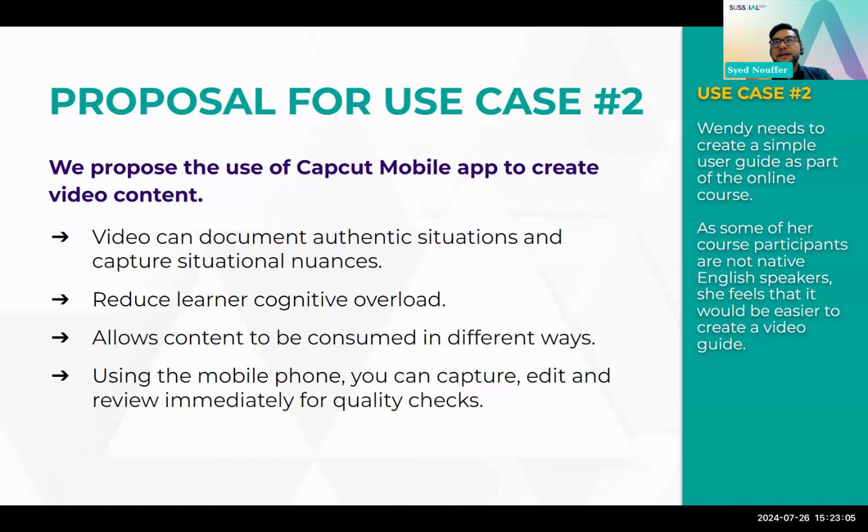And sometimes we are in a situation where we are too busy, and we can only consume content on our mobile phone while we are traveling. It creates an opportunity for the learners to learn at a more convenient time. And also for the content creator, the mobile phone allows you to capture, edit, and review immediately for quality checks.